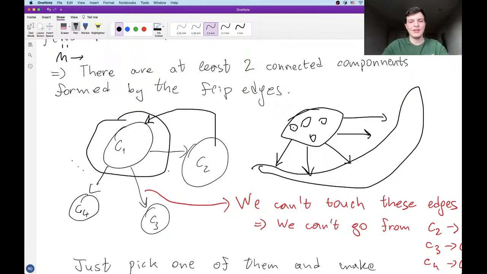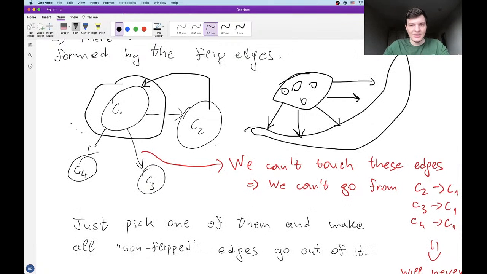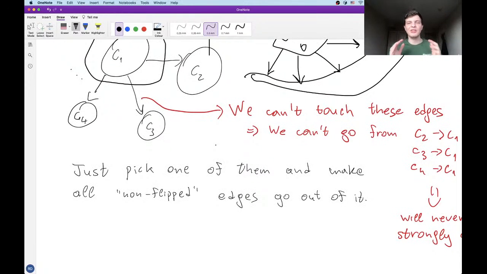And basically what this means is that we'll never have strongly connected components, because we could reach C2 from C1, but we can't go back to C1. So in a way, C1 and C2 will be in different components. So in other words, the solution is very simple. You have a bunch of edges, and you just run DFS, which finds the connected components.